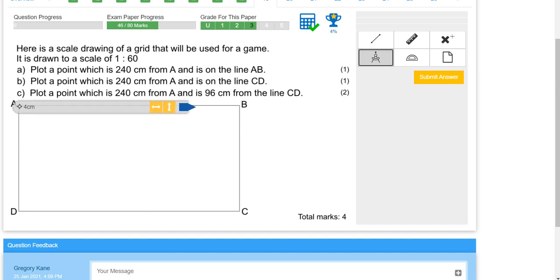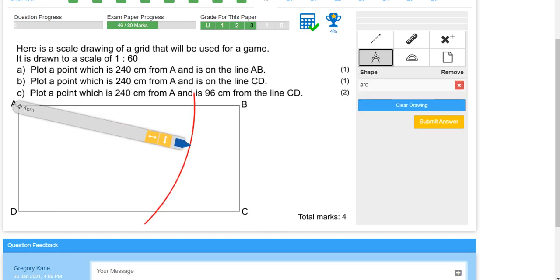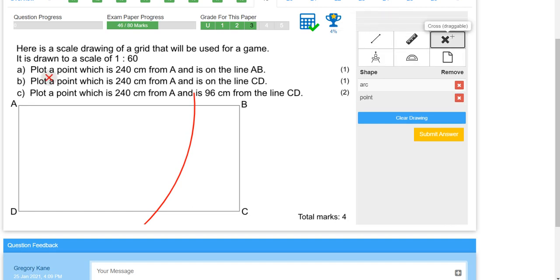And if I do that and start to draw there, anywhere that is 4 centimeters from A is along that radius. So where do I have that is 4 centimeters from there and on line AB? It's clearly going to be here. So I'm going to drop my point onto here.